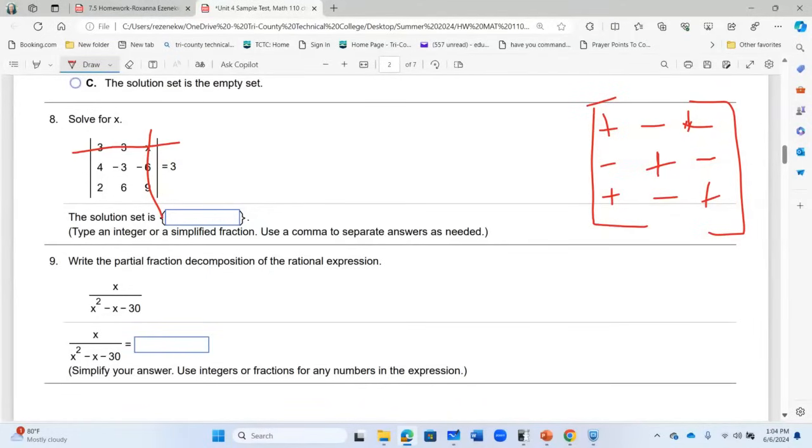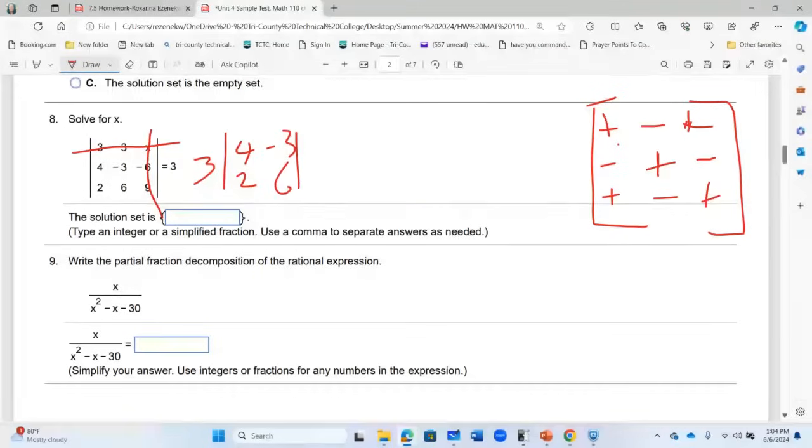So the first number is 3. 3 has plus, so 3. And then the minor, the determinant here, is going to be 4, negative 3, 2, 6.